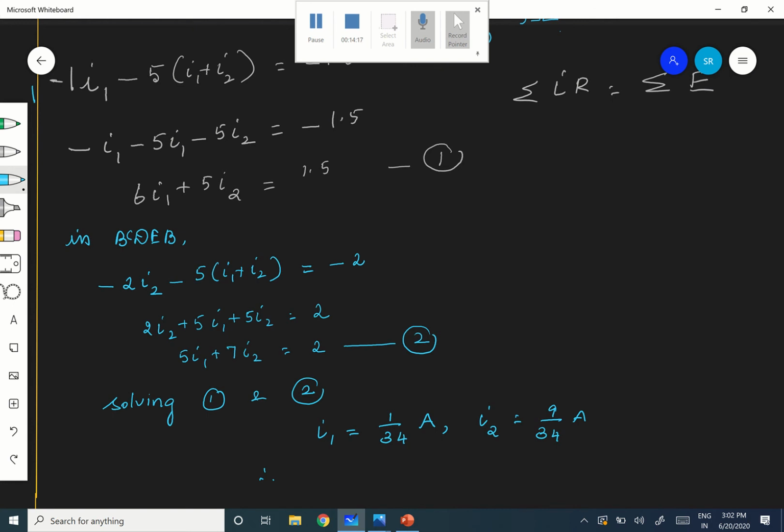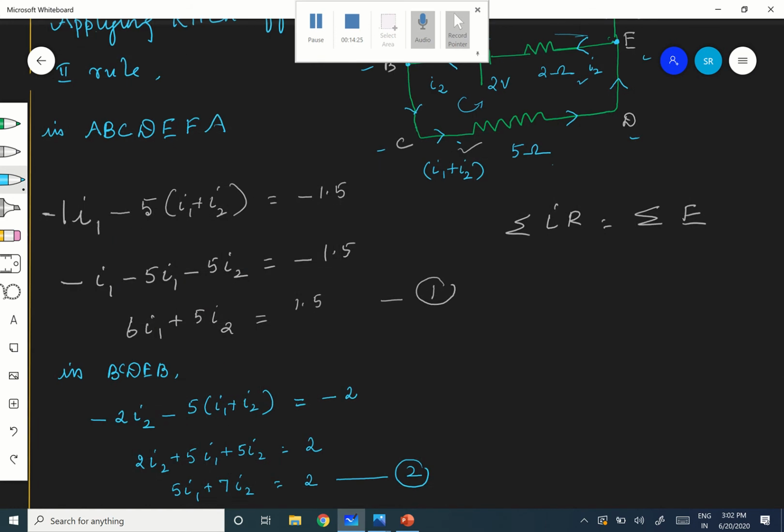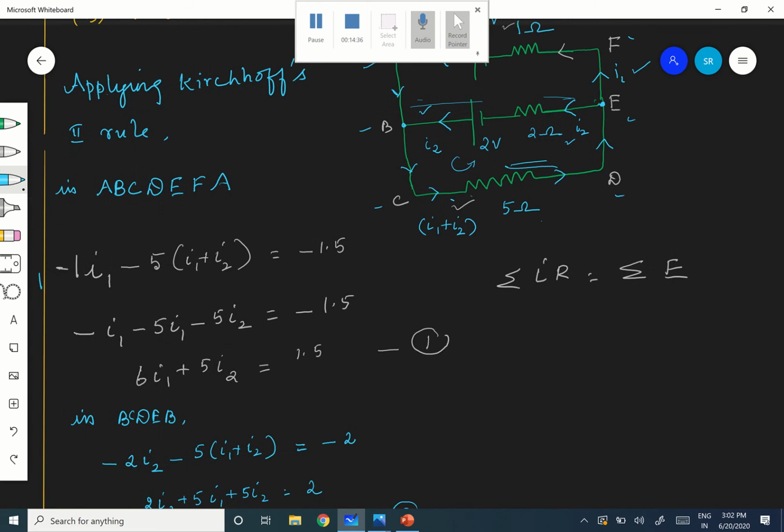Why I1 plus I2? I1 is equal to this, I2 is equal to this. Why do you need I1 plus I2? Because you are asked to find out the potential difference across 5 ohm. Potential difference across 5 ohm means you need current through 5 ohm. That is nothing but I1 plus I2. Are you following? Is it clear?